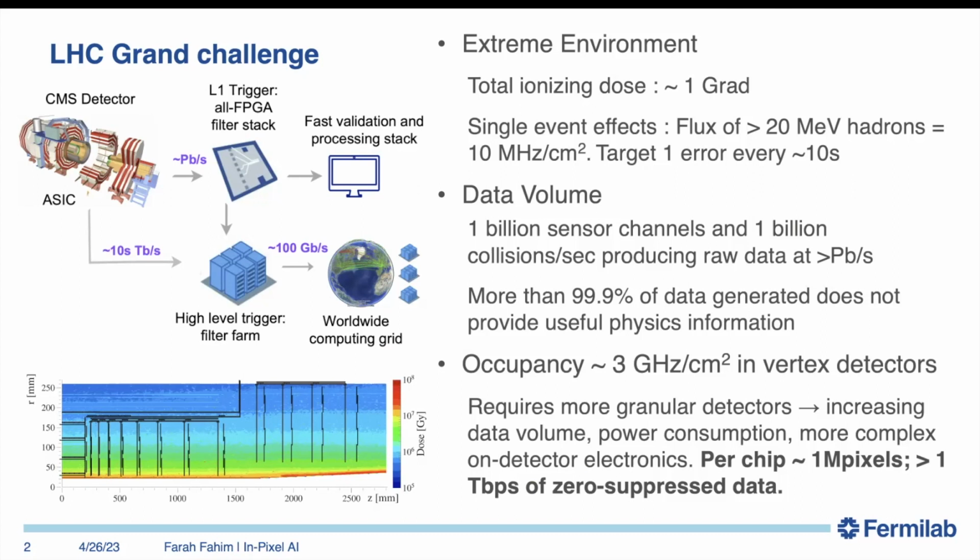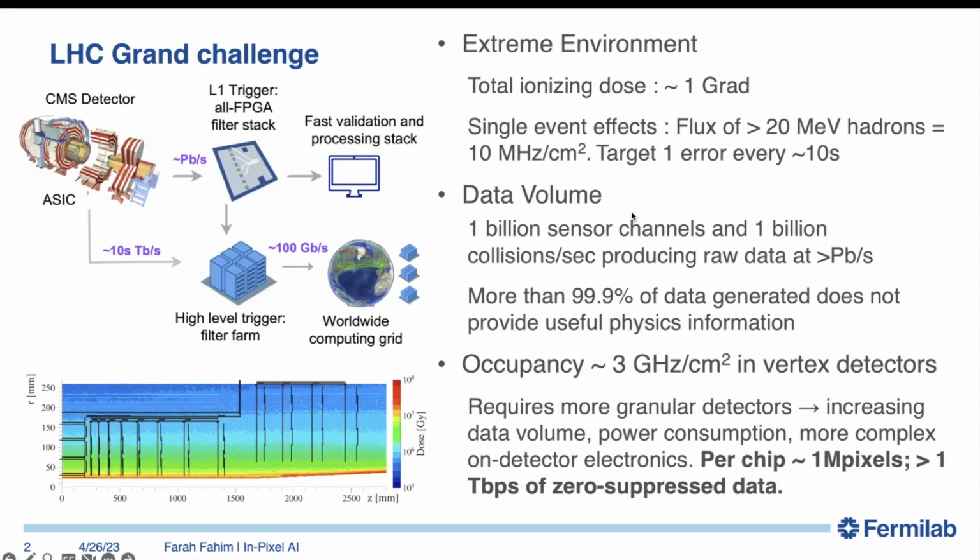So for the upgrades beyond the phase 2 upgrade, so phase 3 upgrades, which are anticipated sometime in 2034, we are expecting reticle-sized chips with about 1 million pixels, and each chip generating about terabits per second of zero suppressed data. So this is not even full frame data, but just zero suppressed data.